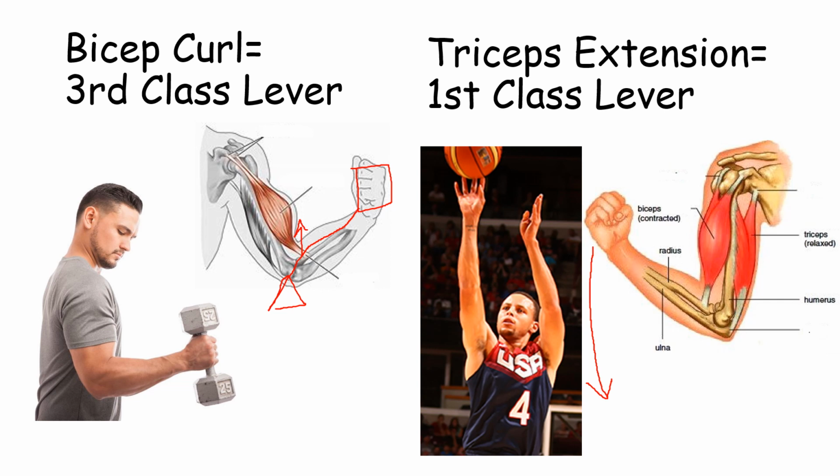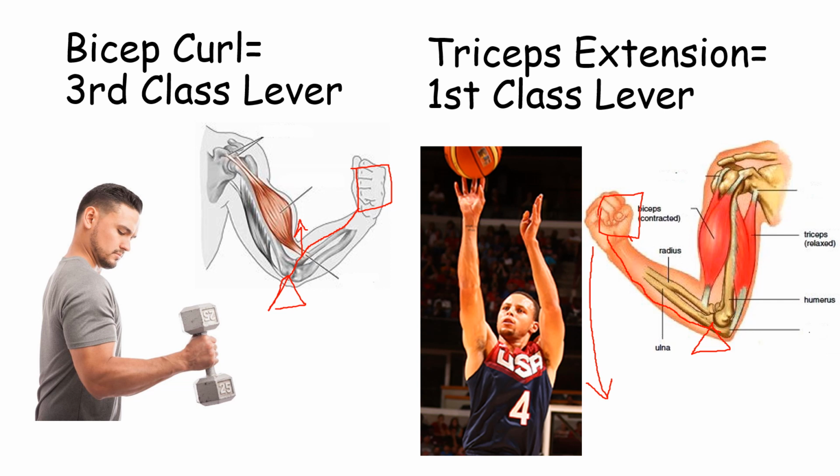Now when you do this, the ball is the weight that you're going to be moving. When you draw the line now, the muscle that is responsible for causing extension is the tricep. But if you draw a line and go along, you actually get to the fulcrum or pivot point first.